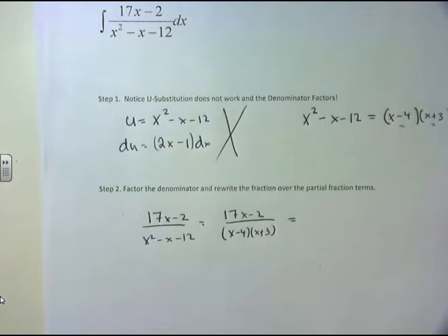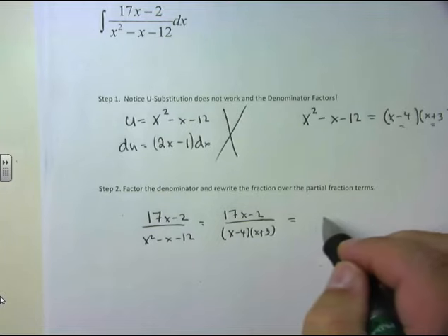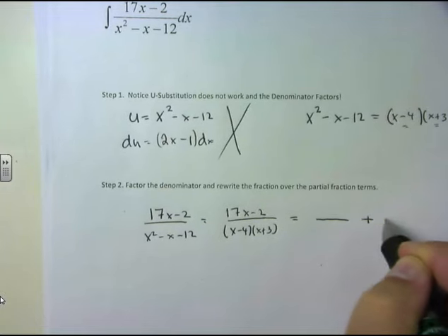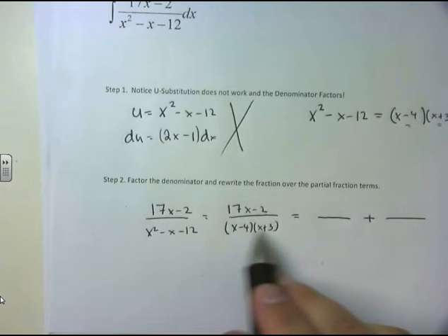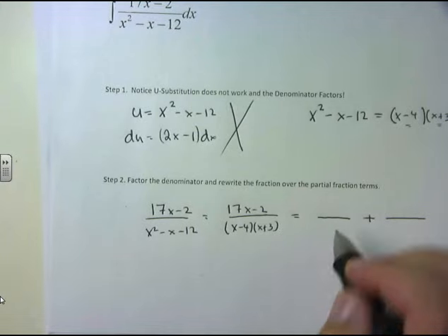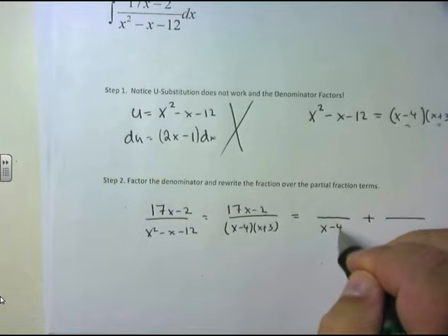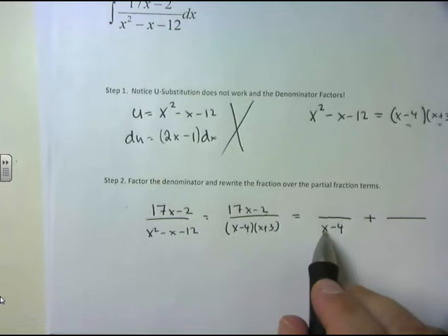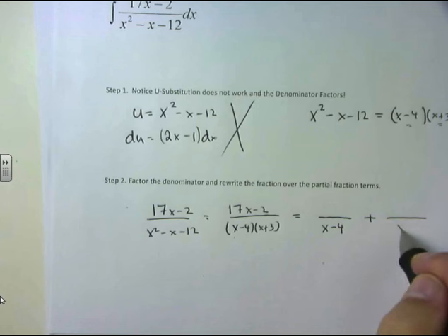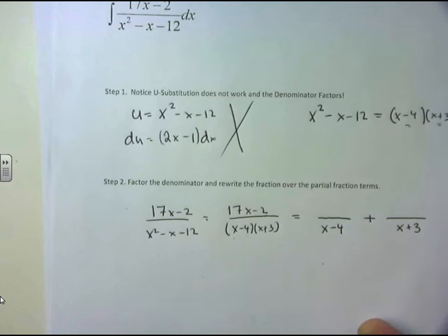But in the third grade, you learned how to add fractions with a common denominator. Well, we have one big common denominator. We're going to be working this thing in reverse. We're going to be taking the common denominator and breaking the fractions over its parts. This is part of the common denominator, the factor x minus 4. The other part is x plus 3.